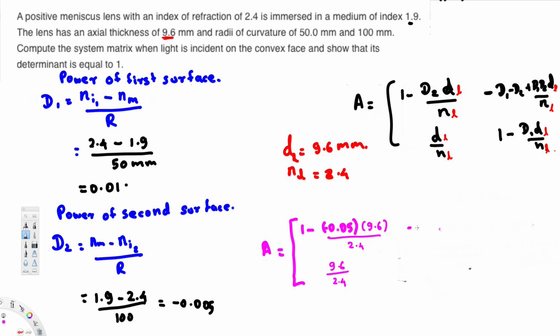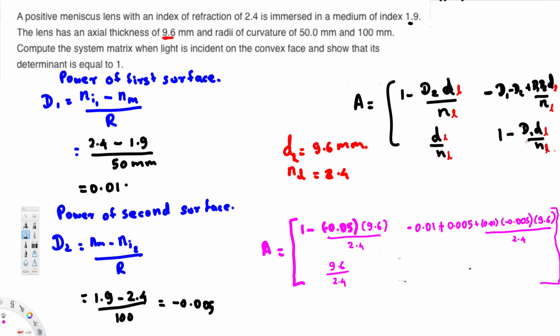Minus D1 is going to be 0.01, minus D2 is negative 0.005, so that's going to become positive 0.005, plus D1 is 0.01 times D2 is negative 0.005 times the thickness 9.6, divided by the index of refraction, that's 2.4.